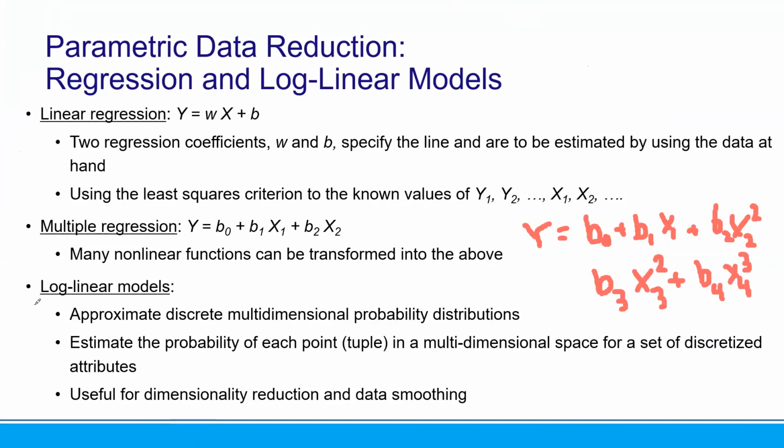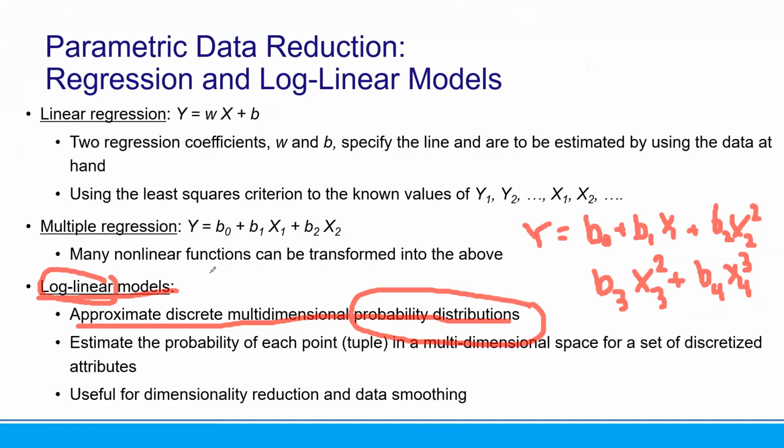We can use the log linear models. We need to approximate discrete multidimensional probability distribution. So when we want to find this probability distribution based on the log linear model, usually we use the log function.